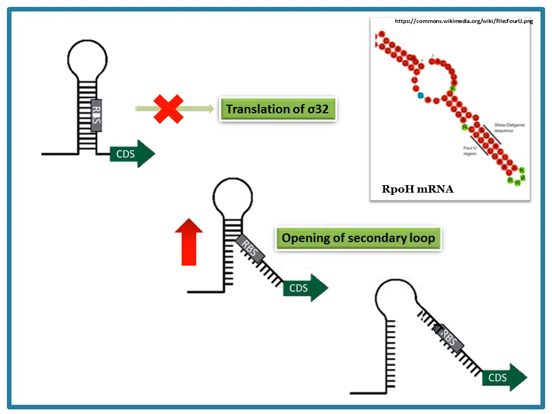As soon as the temperatures increase, the energy of the atoms increases, and the van der Waals interactions and all such associations get broken up, so that the secondary loop starts opening up. With further rise in temperature, when the loop is completely opened up, now the Shine-Dalgarno sequence is accessible to the ribosome.